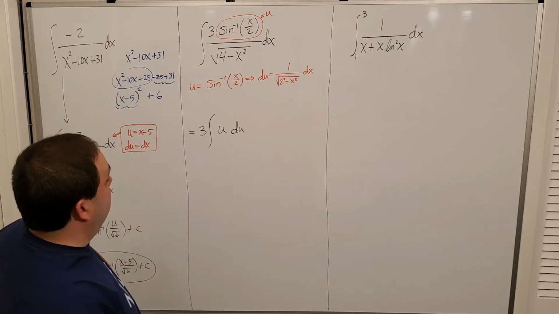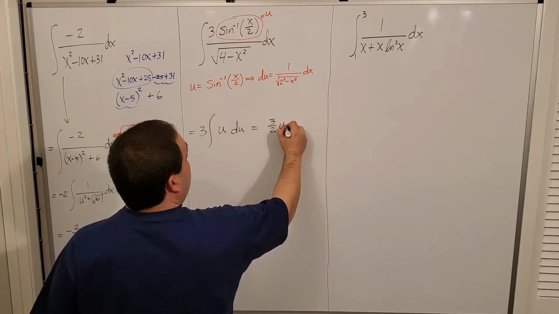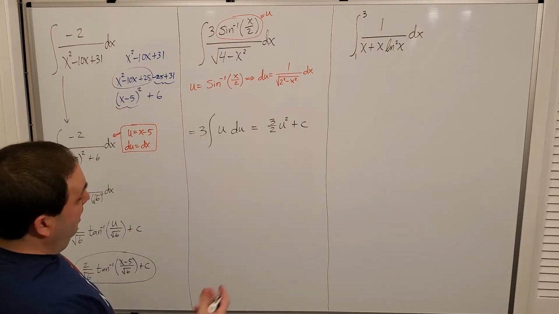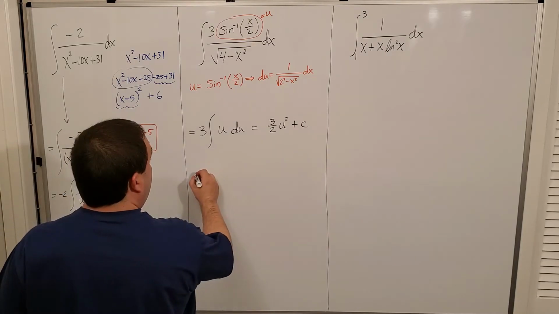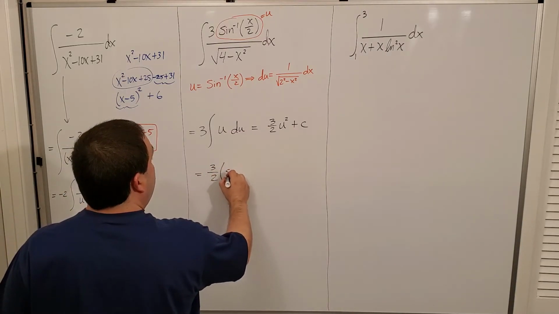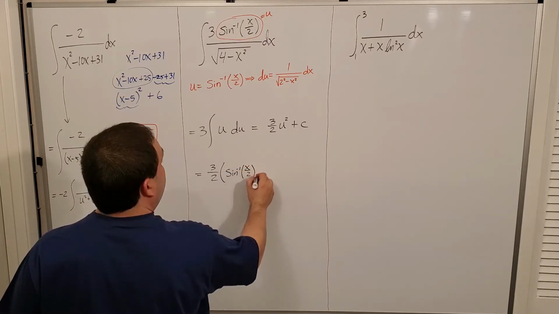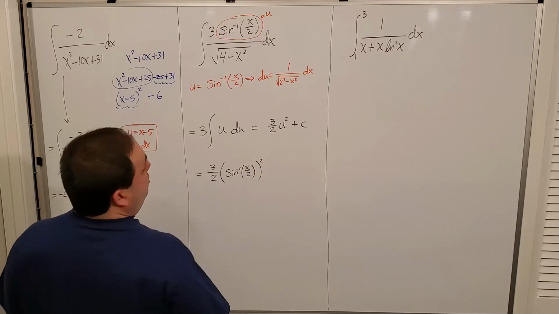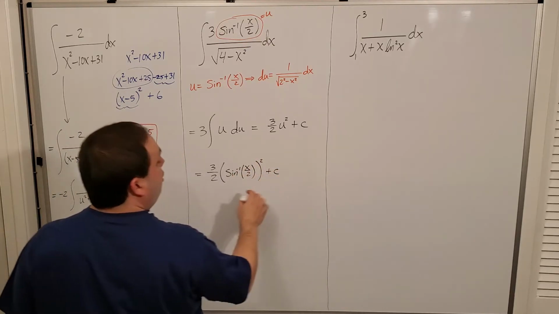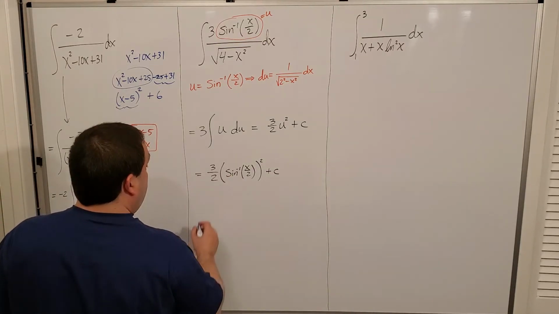Right? So then the antiderivative is 3 over 2 u squared plus c. And then to finish that up, what I have is 3 over 2 arc sine of x over 2, that whole quantity squared. I don't have a shorthand for that one unless I want to write it the other way of the inverse trig, right?